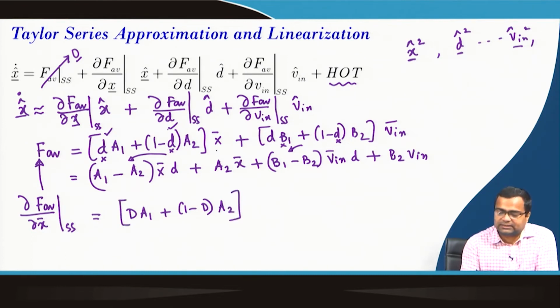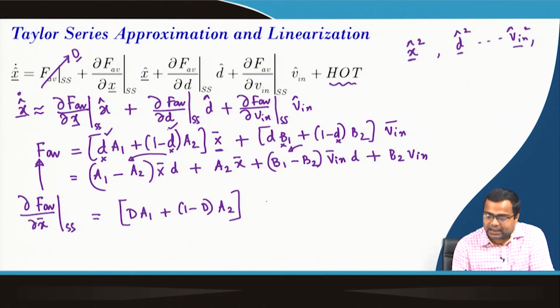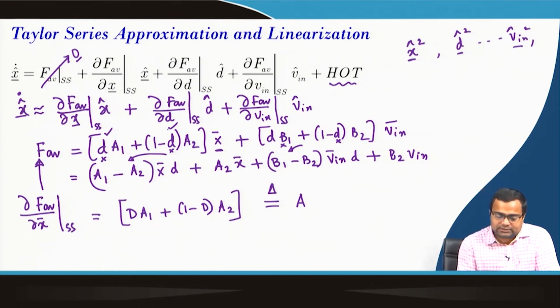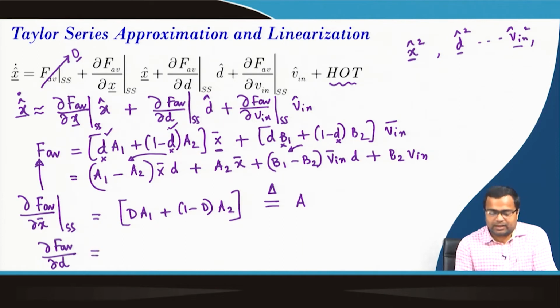We are differentiating with respect to this quantity and it is under steady state, and this we represented by the A matrix. Now, what is dou f average by dou d at steady state?